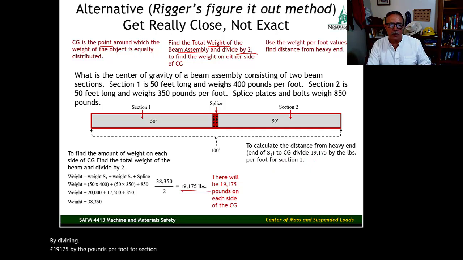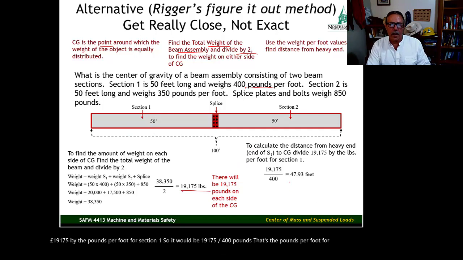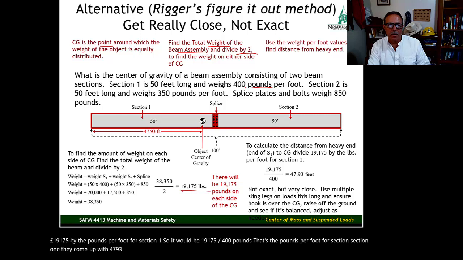So it would be 19,175 divided by 400 pounds. That's the pounds per foot for section 1. They come up with 47.93 feet as their center of gravity for this load.